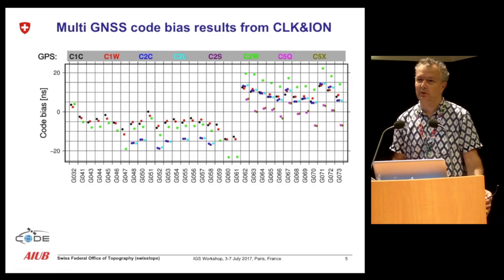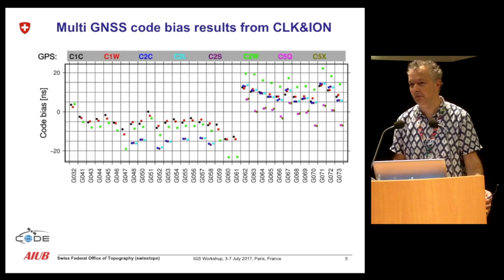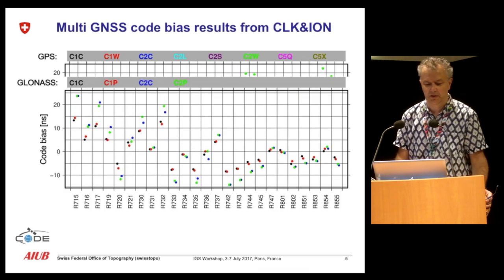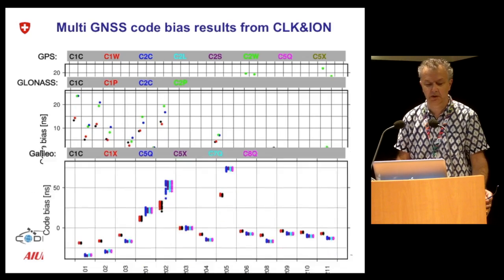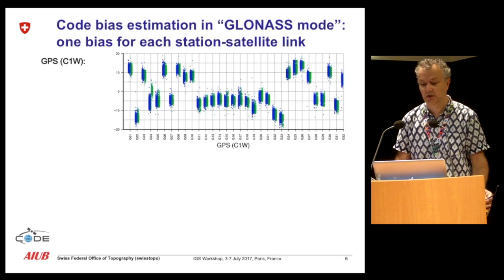So we already have a prototype to do ionosphere analysis with five or more systems. And here are the biases now for all signal types involved for GPS, to give an example also for GLONASS, Galileo, BeiDou, QZSS. So you see we have a set of pseudo-absolute biases for all systems, all signals.